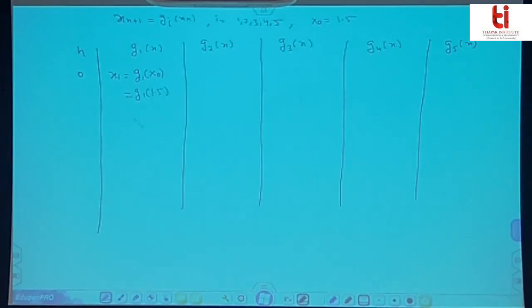The value is coming out to be, I am writing this value here. Just compute the value of x1. So we are starting from 0, meaning the first iteration, with initial approximation 1.5 for each g.